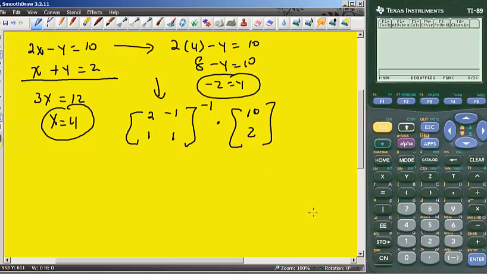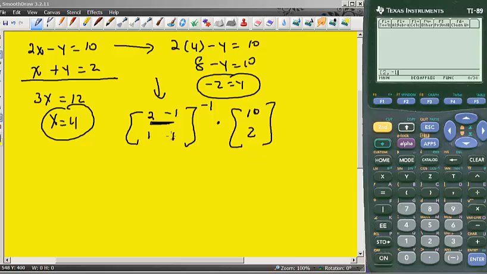Of course, this part right here, finding the inverse, is really ugly and messy with determinants and everything, but we have a graphing calculator, so let me show you how to do that. Okay, so to get the matrix, there's a bracket underneath the T, and I'm going to start with the bracket and type in my first row, which is going to be 2, comma, negative 1.